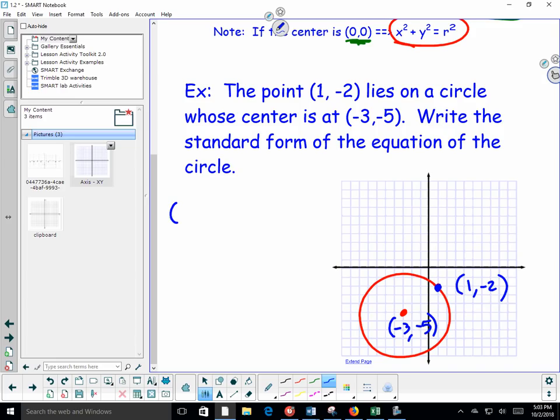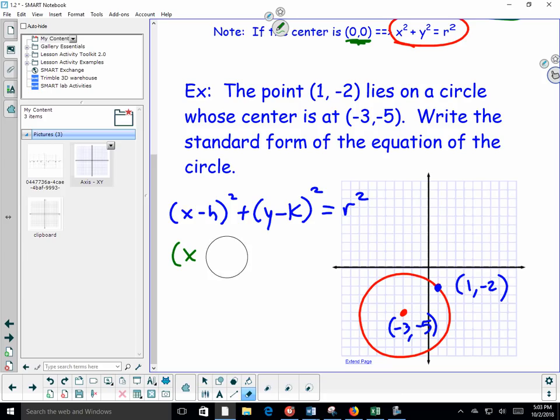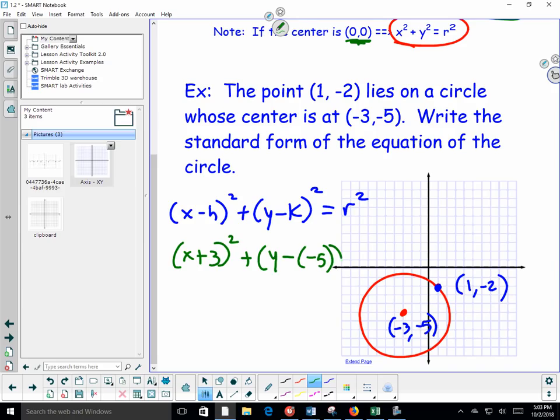But I think I would like to just use my equation, x minus h quantity squared plus y minus k quantity squared equaling r squared. And I know that this is going to be x minus a negative 3 quantity squared, which I can really write as x plus 3 quantity squared, and then plus y minus a negative 5 quantity squared, which I could write as y plus 5 quantity squared, equaling r squared.